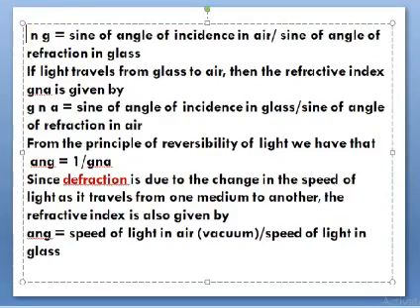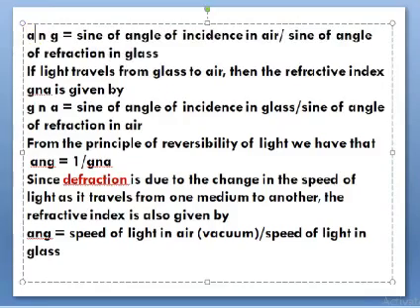So n_ag is equal to the sine of the angle of incidence in air over the sine of the angle of refraction in glass. Remember, in refraction, the ray of light passes through two different media.